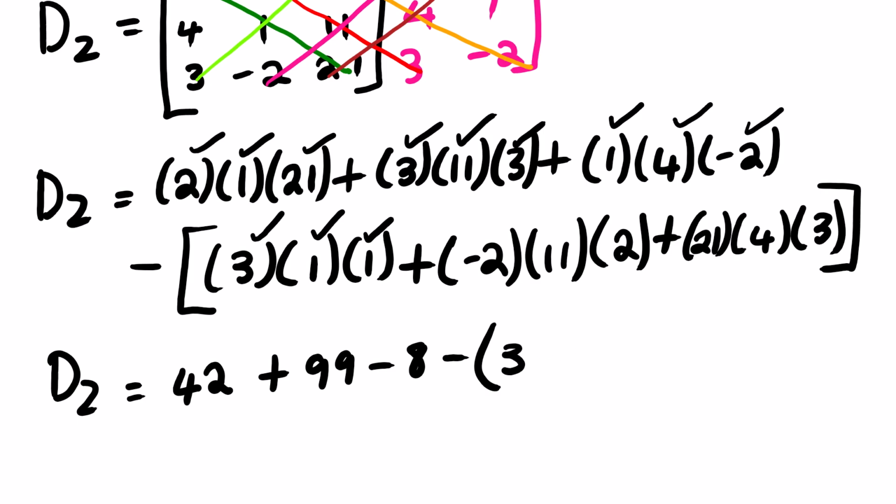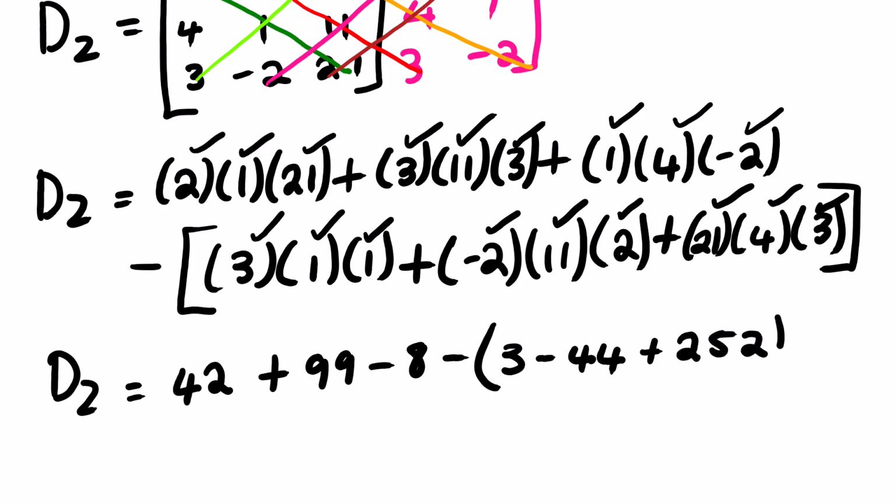actually let us do this, negative 2 multiplied by 11 multiplied by 2. The answer is negative 44. Then the last one we have 21 multiplied by 4 multiplied by 3. Our answer should give us 252. Then from here 42 plus 99 minus 8.